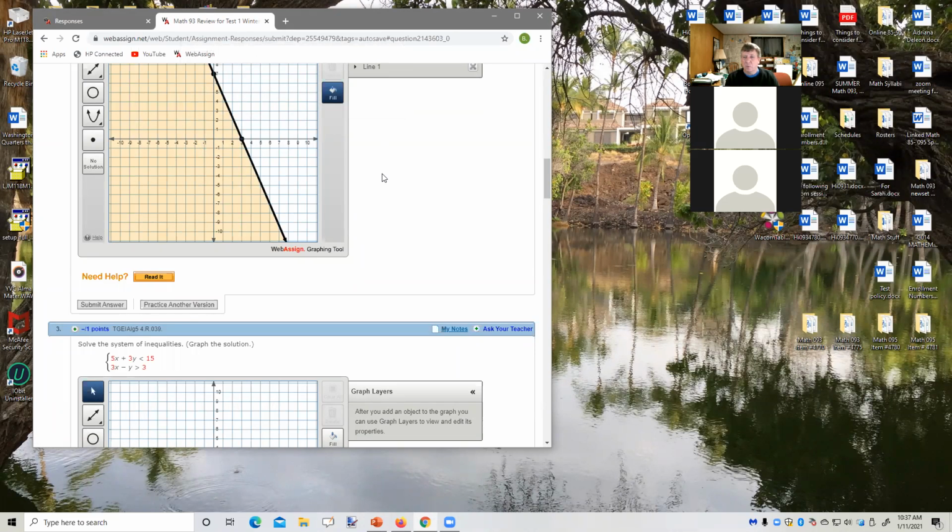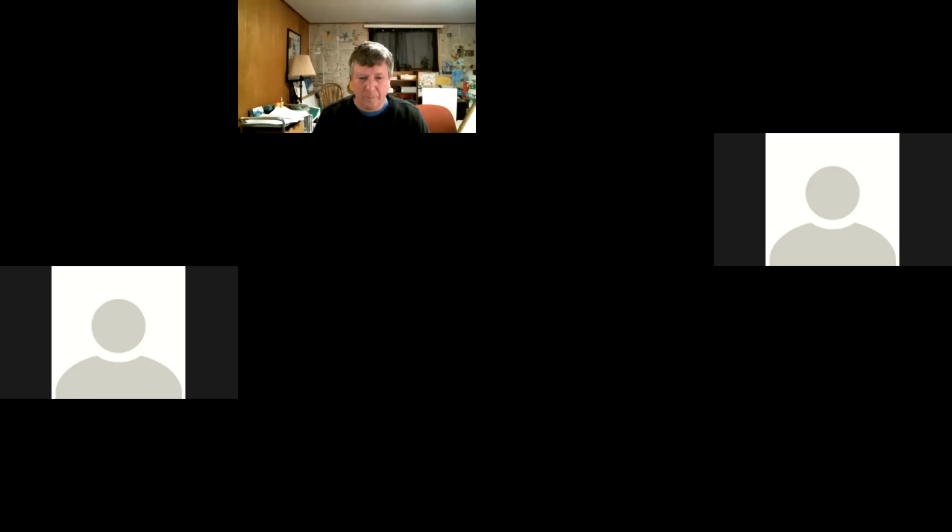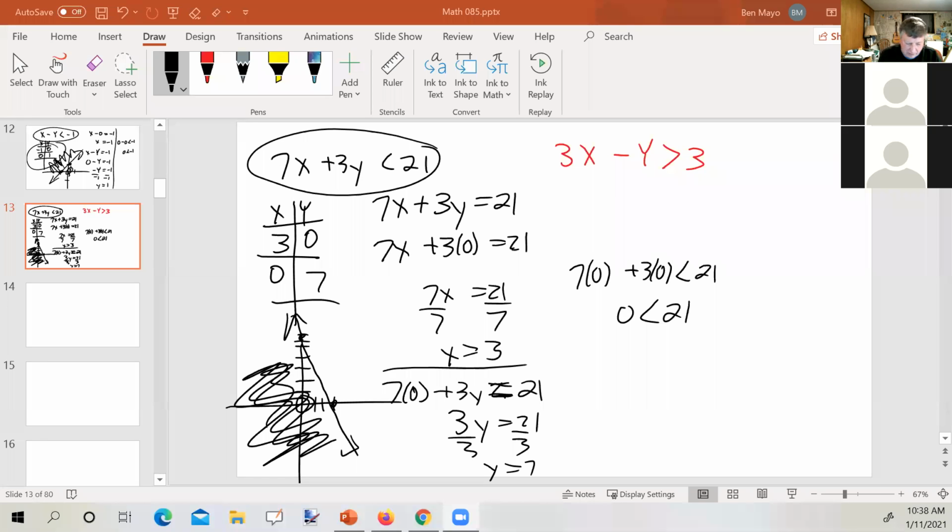So that's what the graph of 7x plus 3y less than 21 would look like. Okay, but we've got a second graph to do. Now let's take a look at the red inequality. And I'm going to do some erasing here so that I have some room.